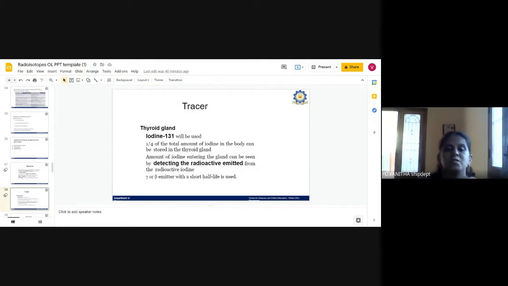So it is also used as a tracer in the medical field. It is used to monitor the function of the thyroid gland. In this we are using iodine-131. Here a quarter of the total amount of iodine in the body can be stored in the thyroid gland.